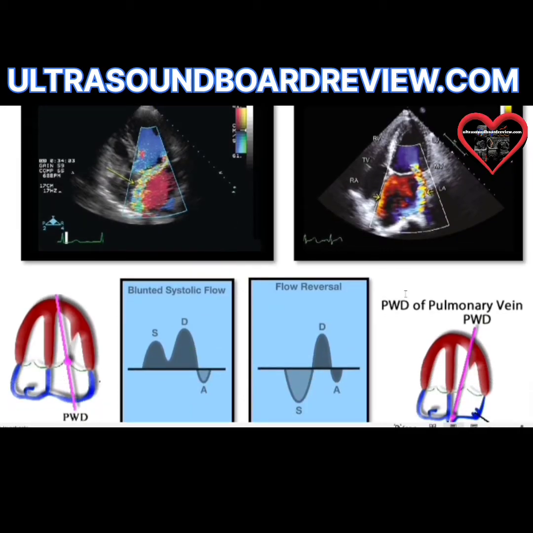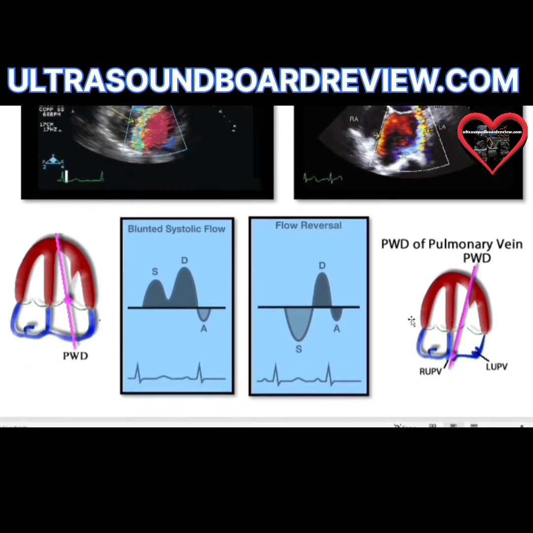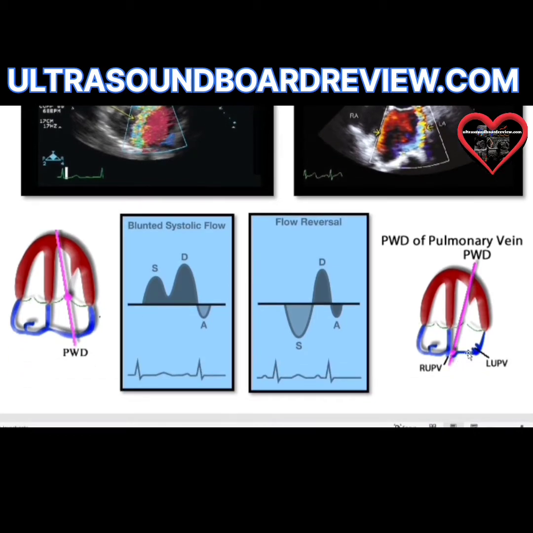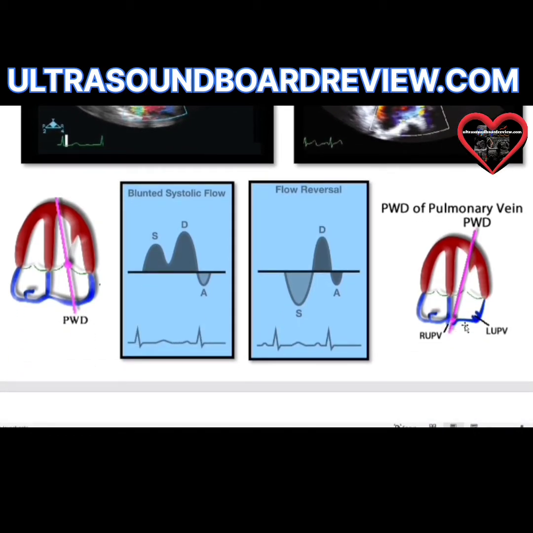We're going to use pulse wave Doppler and place the sample volume in the right upper pulmonary vein, and we're checking to see if there's any flow reversal during systole. If you have a blunted signal in the pulmonary vein and there's MR, it's probably not going to be severe.